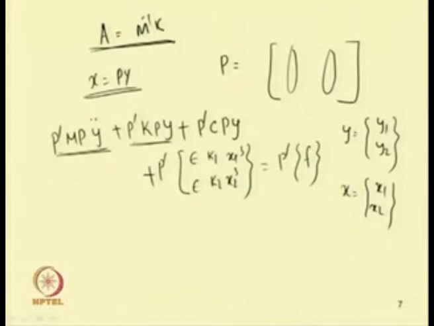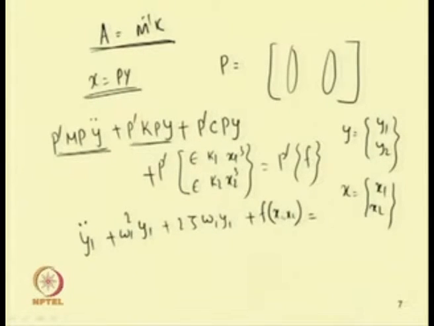This equation can be written in this form, that is y 1 double dot plus omega 1 square y 1 plus 2 zeta omega 1 y 1 plus a forcing term. This forcing term may contain x 1 x 2 and derivative of that, and it will be equal to a forcing term f 1.